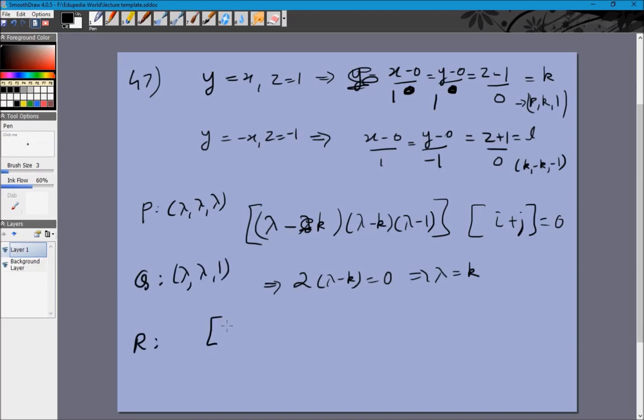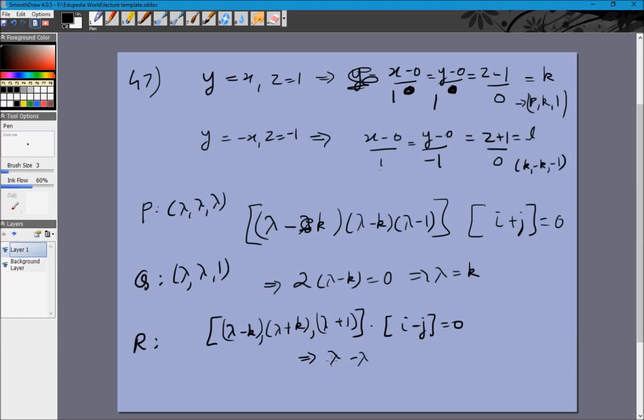The vector PR will be lambda minus k, lambda plus k, and lambda plus 1, and the dot product of this with i minus j should be 0, because the direction cosine of the second line is 1 i cap minus 1 j cap plus 0 k cap, right? Obviously divided by root 2 because it has to be the unit vector, but we are equating it to 0, so that doesn't matter.